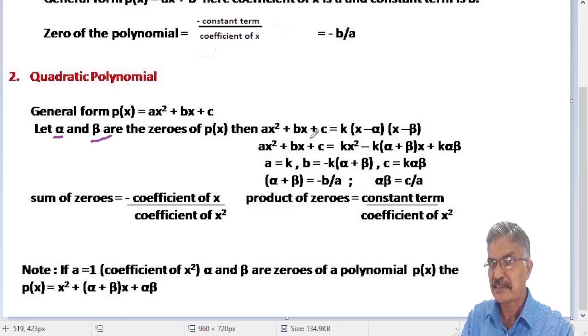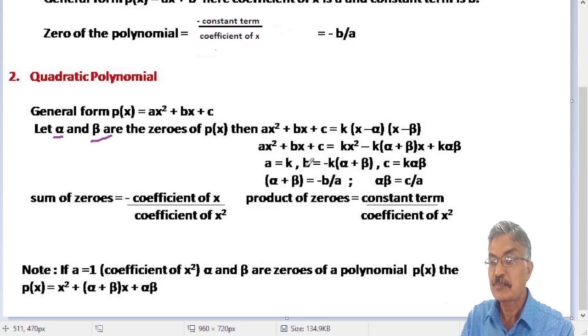Then expand this. On the right hand side we will get kx square minus k into (alpha plus beta) into x plus k alpha beta. Equating coefficients of the variable with the same degree, we get a is equal to k for x square, b is equal to minus k into (alpha plus beta), and c is equal to k alpha beta.